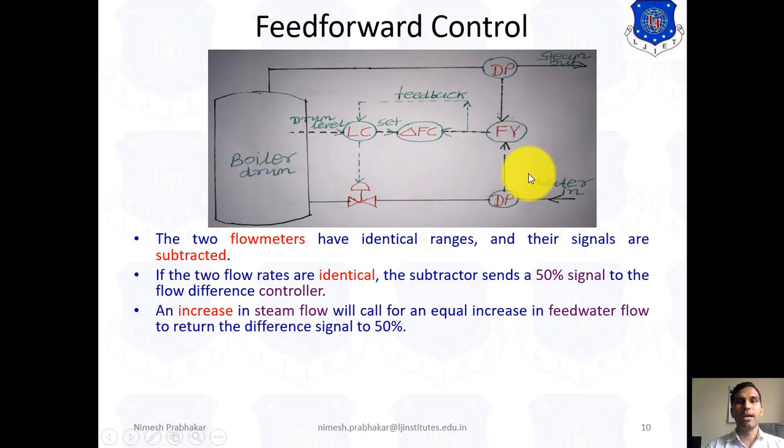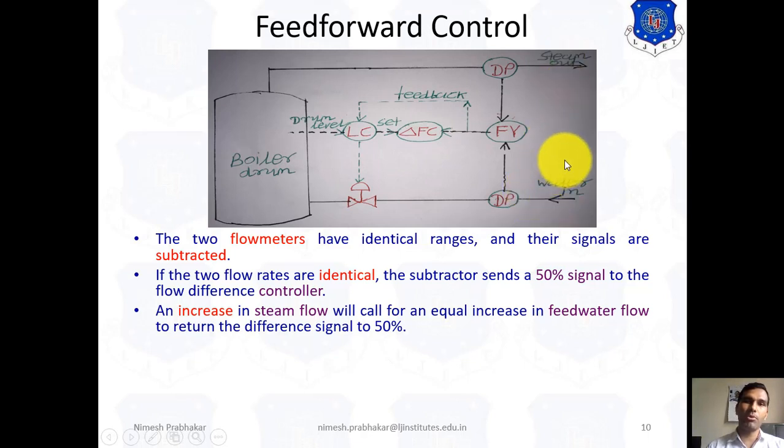So this flow difference controller increases the flow rate by using this valve. An increase in steam flow will call for an equal increase in the feed water. That means if the steam flow increases, the water flow increases the same.